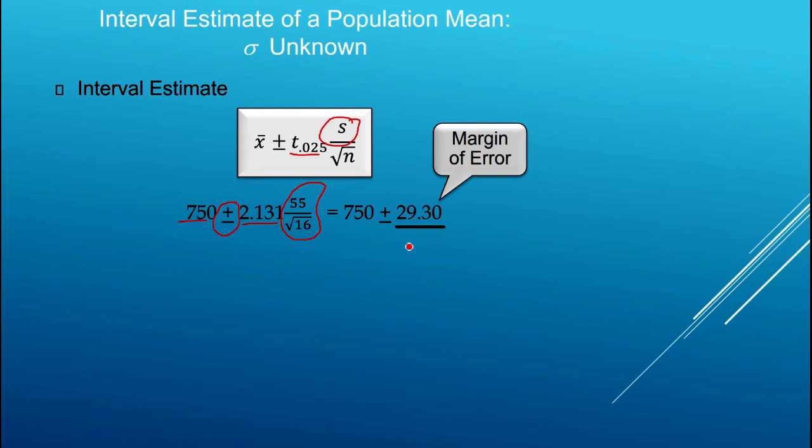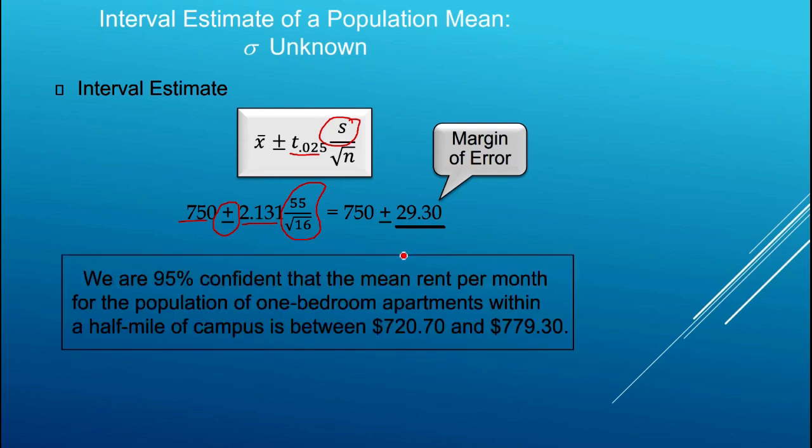I can take 750 and subtract out 29.3 and come up with $720.70. So that's the lower end of my 95% confidence interval. And if I take 750 and add the 29.3, I get $779.30, and that's the upper end of my confidence interval.